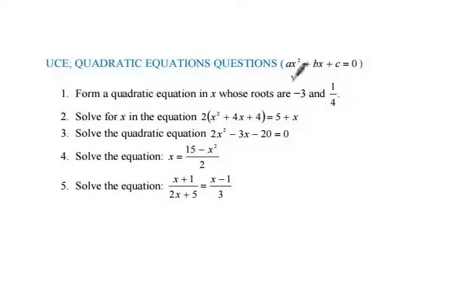We are going to focus on quadratic equations of the form ax squared plus bx plus c is equal to 0. Sometimes the a can be a 1, so you can as well find the quadratic equations in this form here. Please always note these are the coefficients.